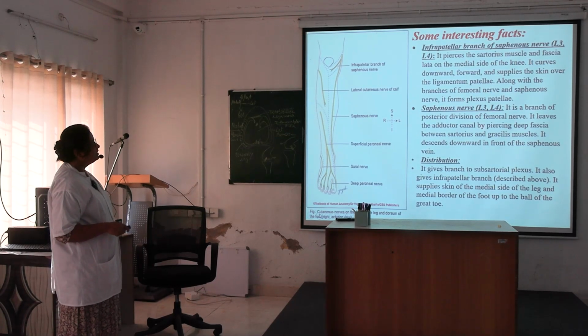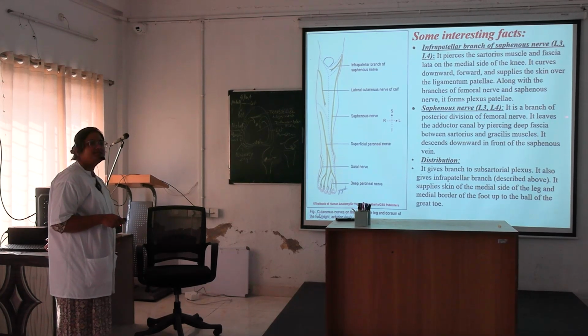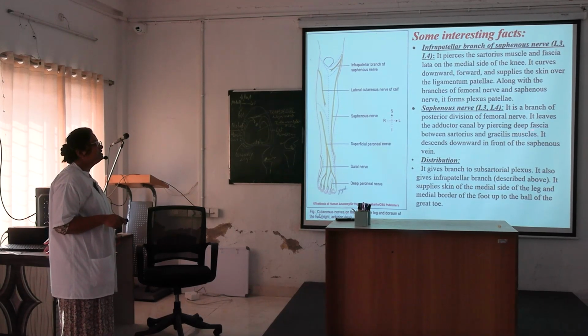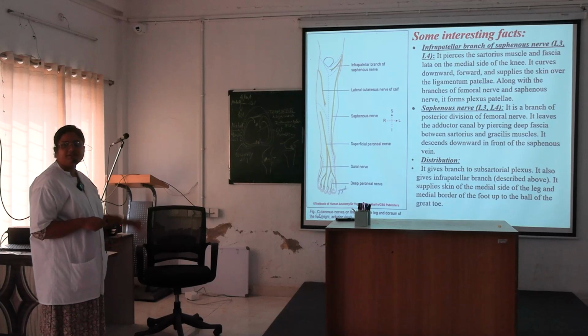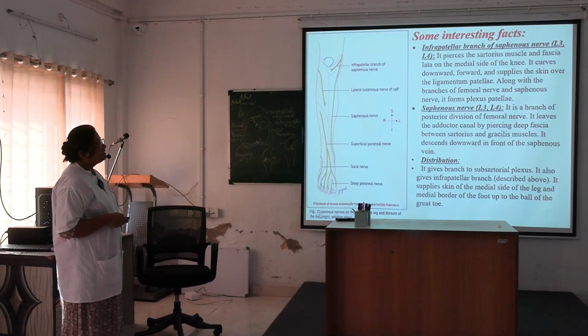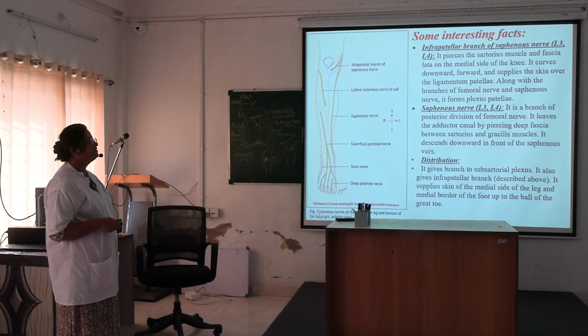Next is saphenous nerve. Root value is L3, L4. Branch of posterior division of femoral nerve. You have seen saphenous nerve in the adductor canal. It leaves the adductor canal by piercing the deep fascia between sartorius and gracilis, and it descends downward in front of the saphenous vein.